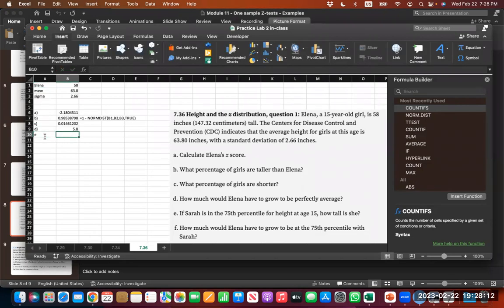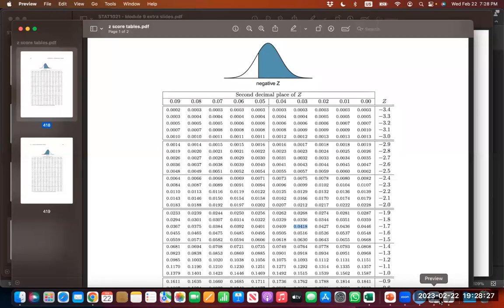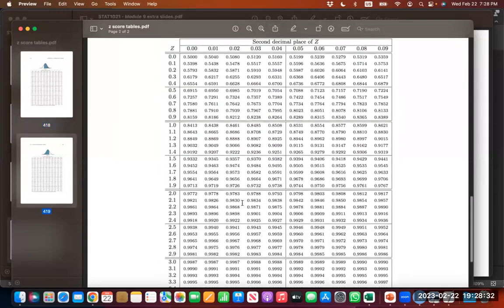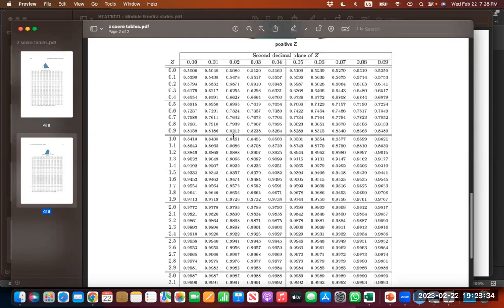If Sarah would be in the 75th percentile for height at age 15, how tall would she be? How could we know that? It's considerably simple, right? We just need to go for the 75th percentile. It is somewhere here. That's 0.77.